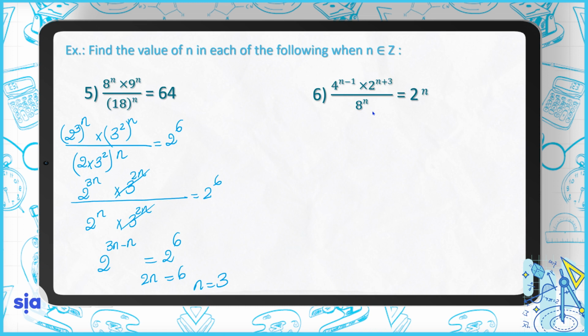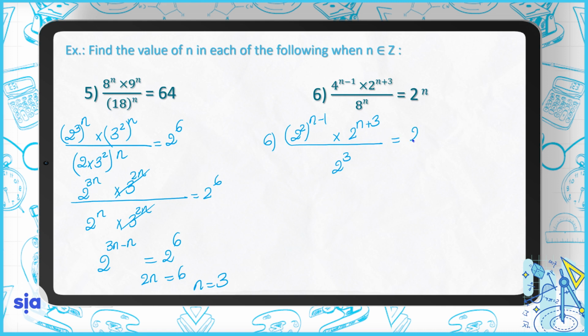For question 6, we're going to do the same idea. So in this one, for question 6, the 4 is 2 squared, so 2 to the power of 2 to the power of n minus 1, multiplied by 2 to the power of n plus 3. And the 8 is 2 to the power of 3.